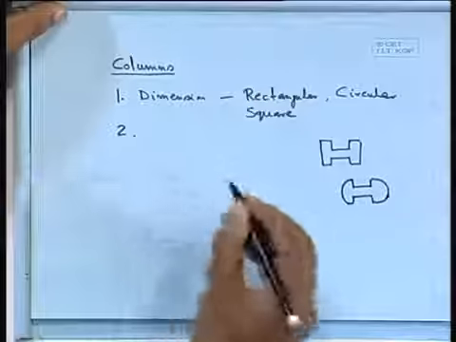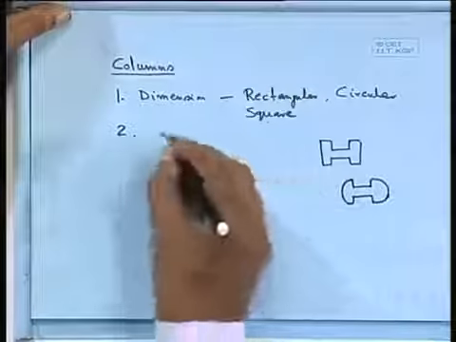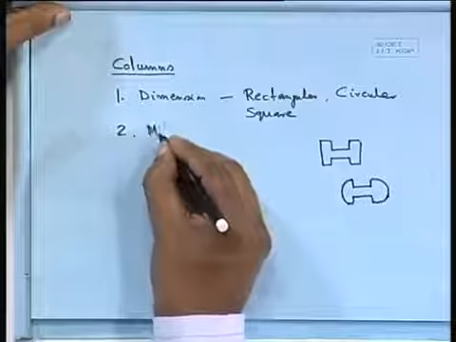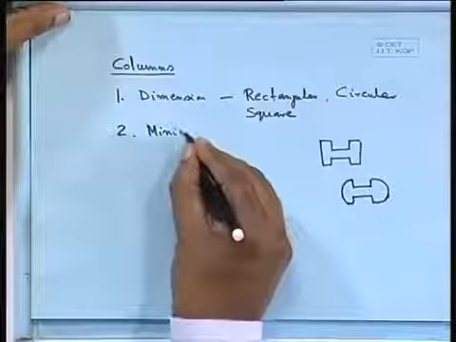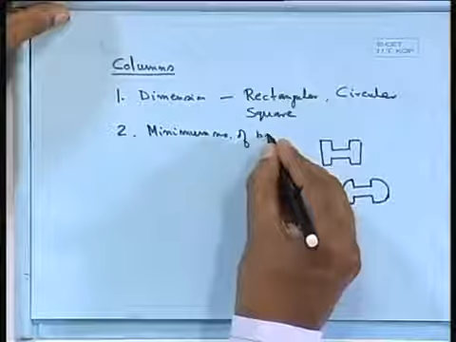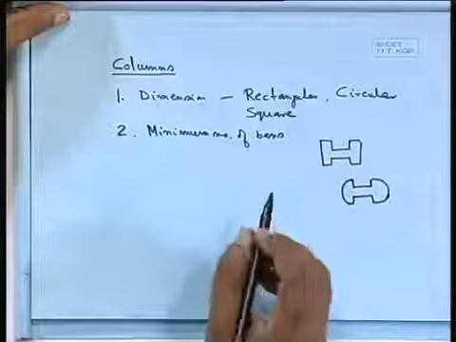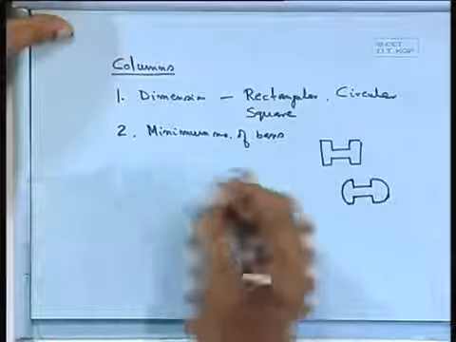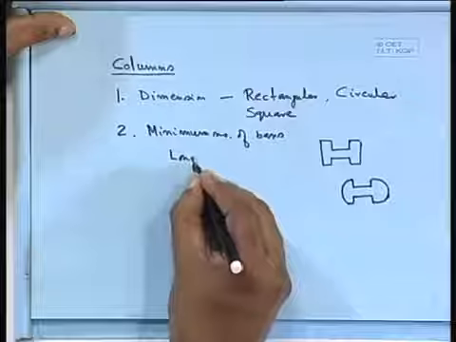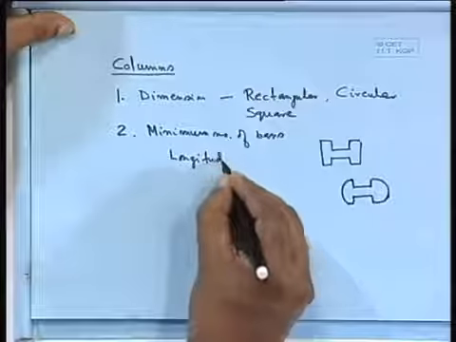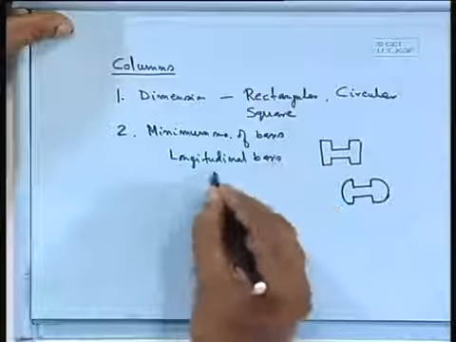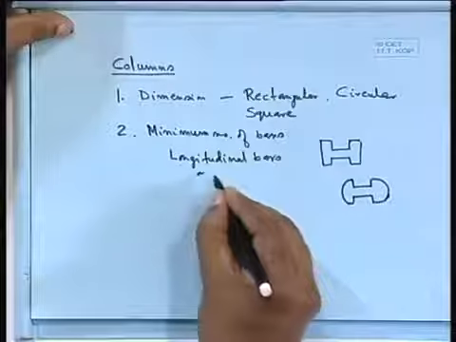Number 2, that you have to provide the minimum reinforcement, minimum number of bars. We have two types; one is called longitudinal, also called main reinforcement.